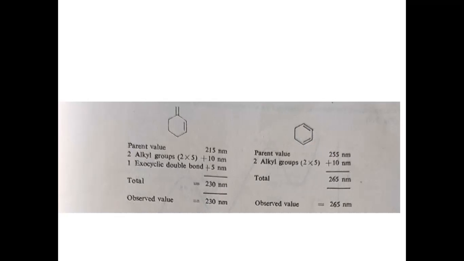Now the number of ring residues or alkyl substituents. Now this is our parent. How many alkyl substituents or ring residues are there in this example?